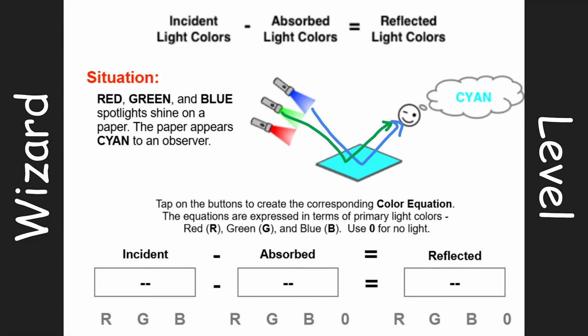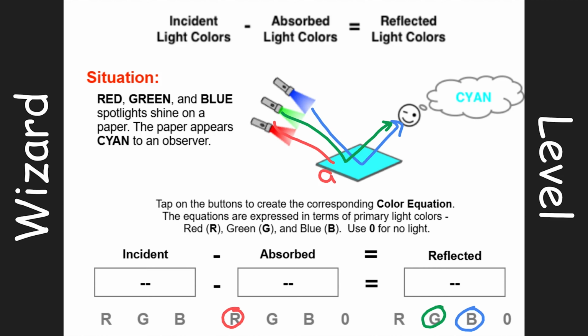It also tells us that the red light cannot be reflected since it was not seen by the person. Therefore, the red light was absorbed. So you would circle the red light as being absorbed and the blue and the green light as being reflected because they bounced back so the person saw cyan.